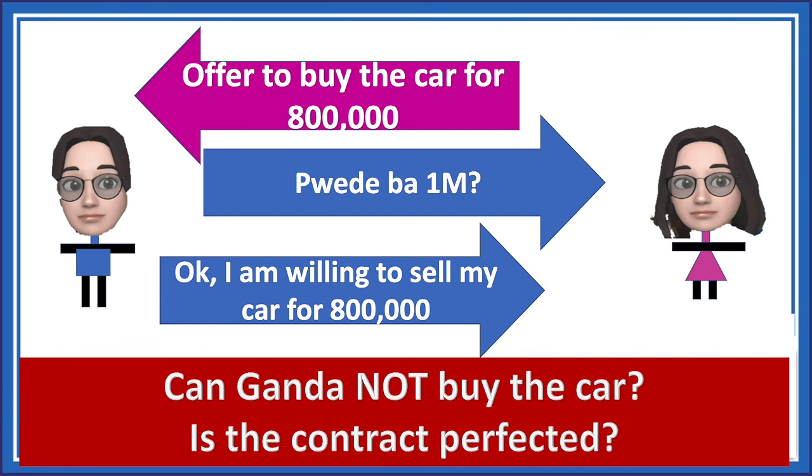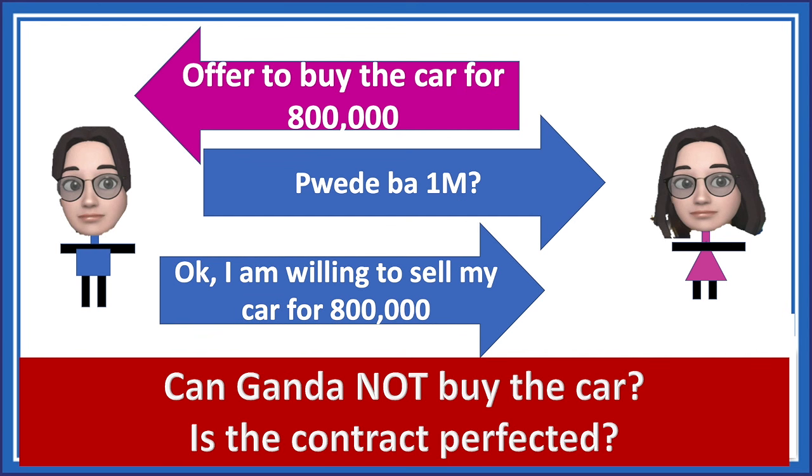So, actually, nung sinabi ni Pogi kay Ganda na ibebenta niya for 1 million pesos, okay, it was a counter offer. And nung umalis si Ganda, tapos hinabol niya, tinawag niya ulit at sabi niya, okay, I will sell it for 800,000 pesos. Hindi niya actually ina-accept yung original offer ni Ganda to buy that car for 800,000 pesos. What he was doing was actually making another offer. Okay?